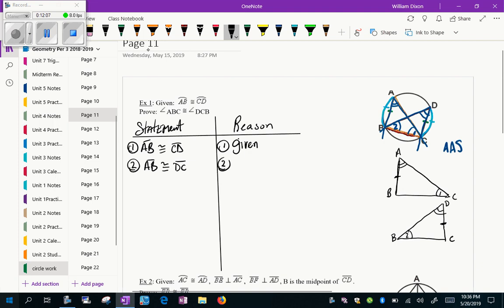And the reason is because congruent arcs have congruent chords. 3, I went at angle 1 is congruent to angle 2. And that reason was congruent arcs have congruent inscribed angles.